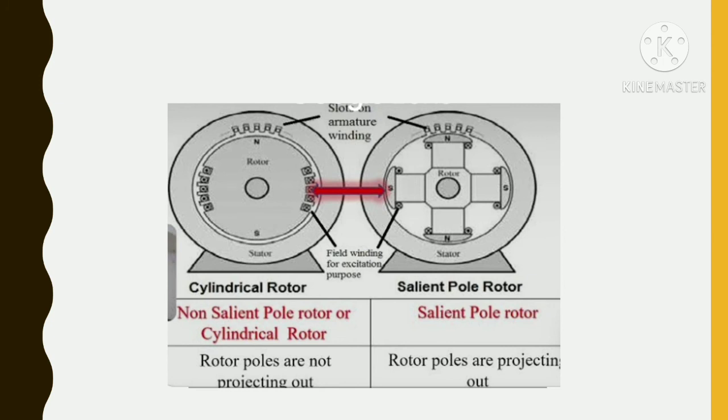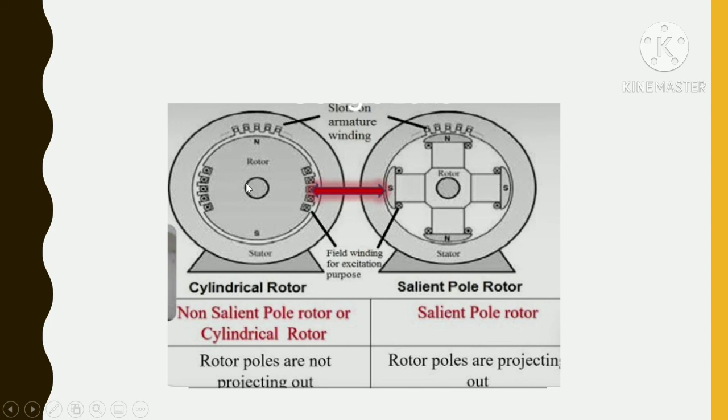So yun. Next, meron tayo dito yung comparison ng dalawang rotor ng synchronous generator. Dito sa left side is yung cylindrical, dito naman sa right side is yung salient pole rotor. Yung field winding is yung nasa rotating part ng generator.